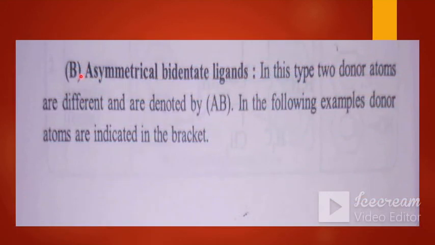Next, B, that is asymmetrical bidentate ligands. In this type, the two donor atoms are different and are denoted by AB. In the following examples, donor atoms are indicated in the bracket.